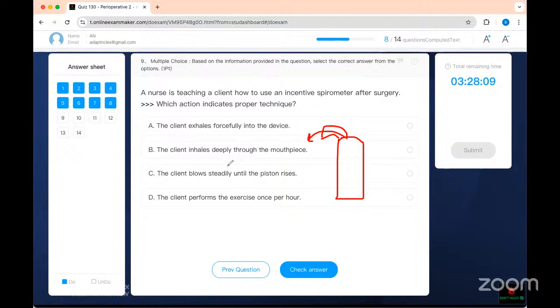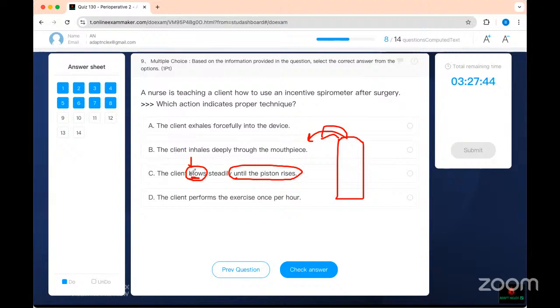So that's the thing. So this blowing out. Even though you inhale to keep this in the right position, you don't blow out. So that's why C cannot be. So you inhale it and you keep the piston at steady position as much as possible. If you look at the C carefully, you will breeze through and you get it wrong.